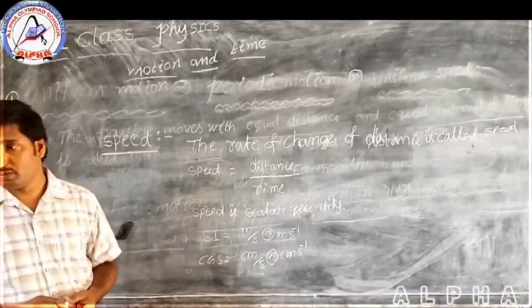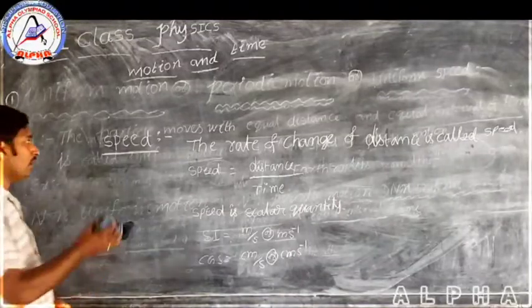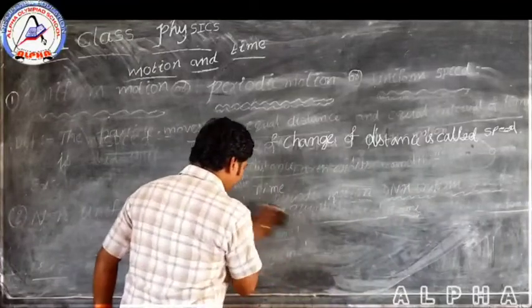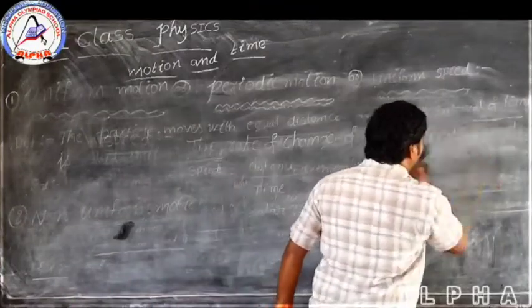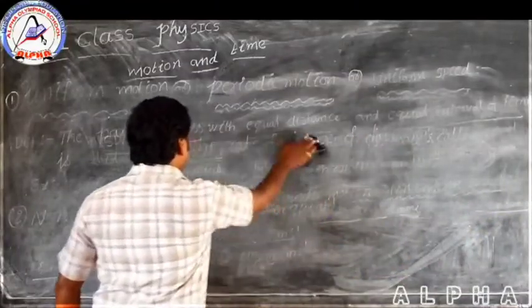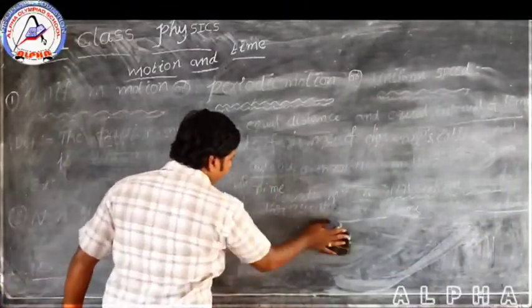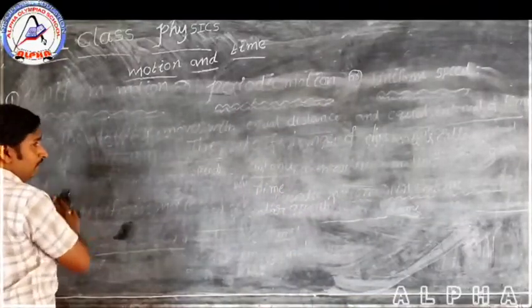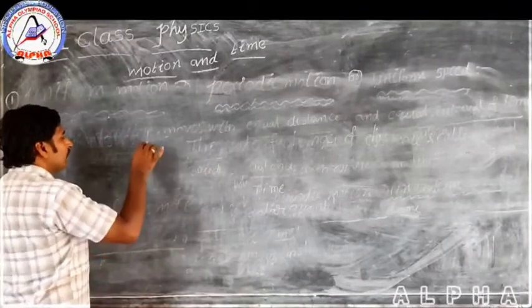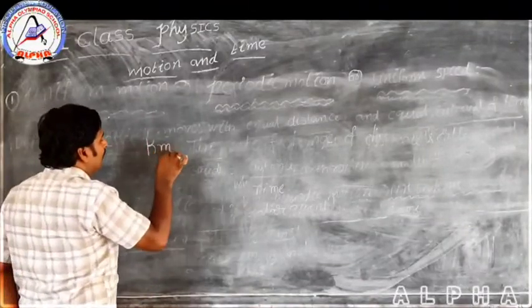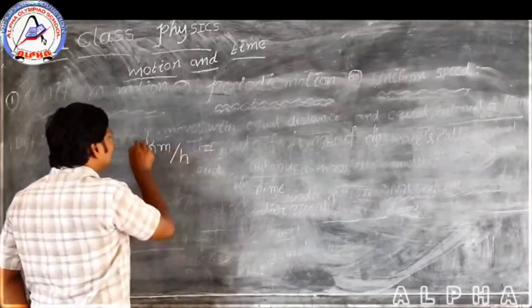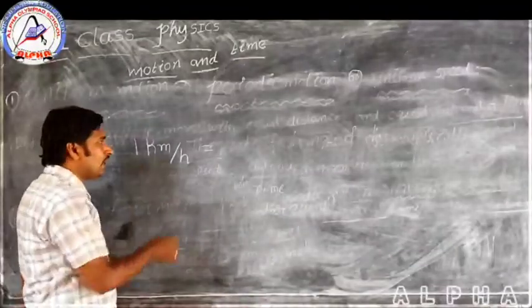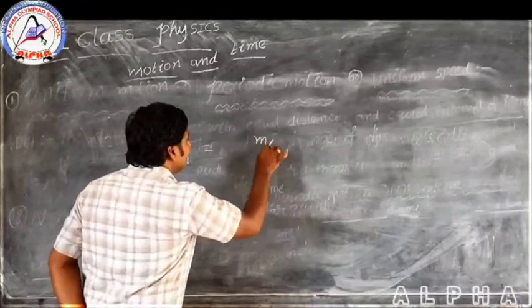Listen to me, children. 1 kilometer per hour is equal to how many meters per second?